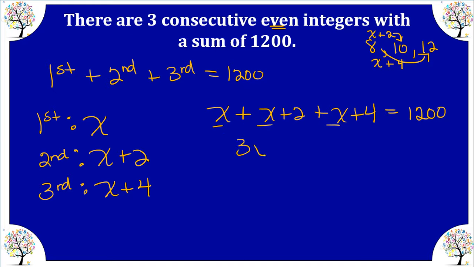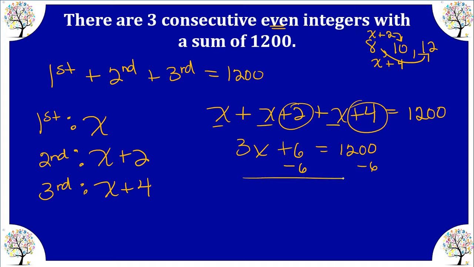We have 3x plus 6 gives me 1200. And we're going to solve for x. Divide by 3.